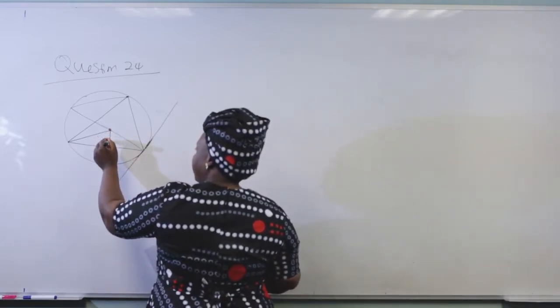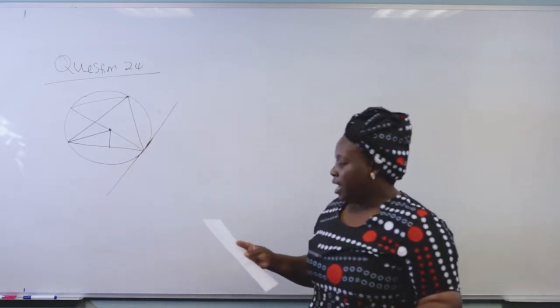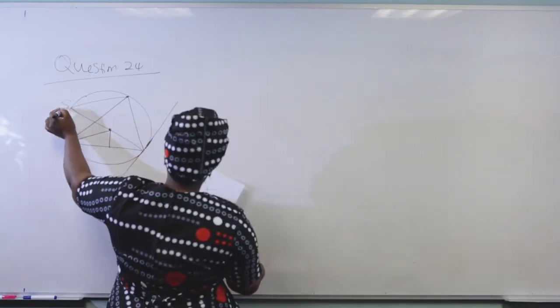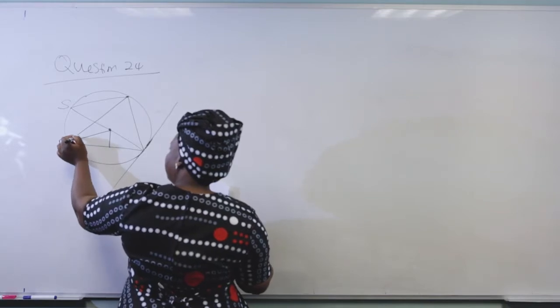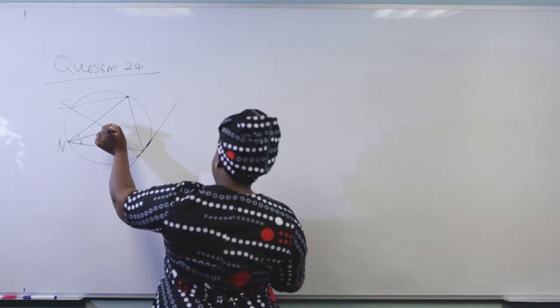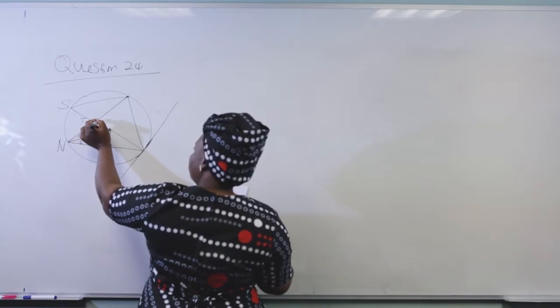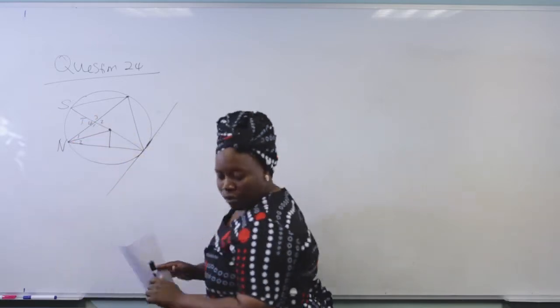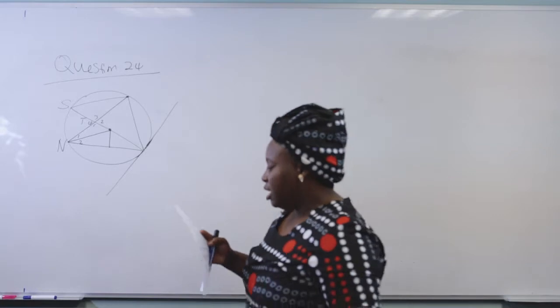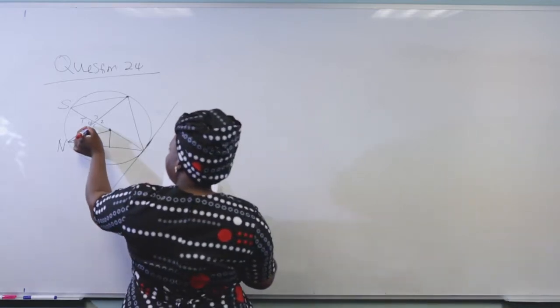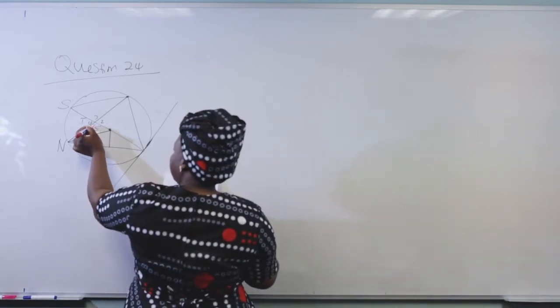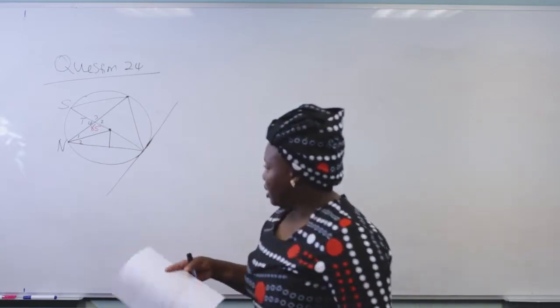So let's see if we label them, if we're going to get it right. This is labeled S, and this is N, for which there's N1 and 2. That is O, that is T, with 1, 2, 3, and 4, for which 1 is labeled 85 degrees. So this is 85 degrees. Let's write it there so that we can remember.